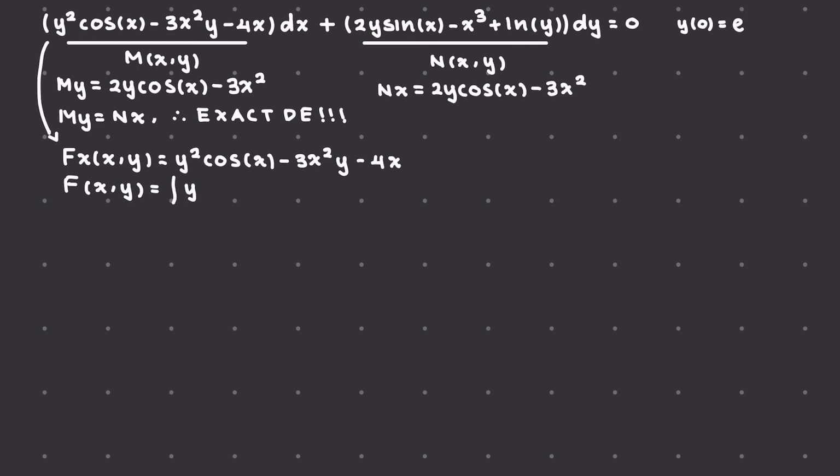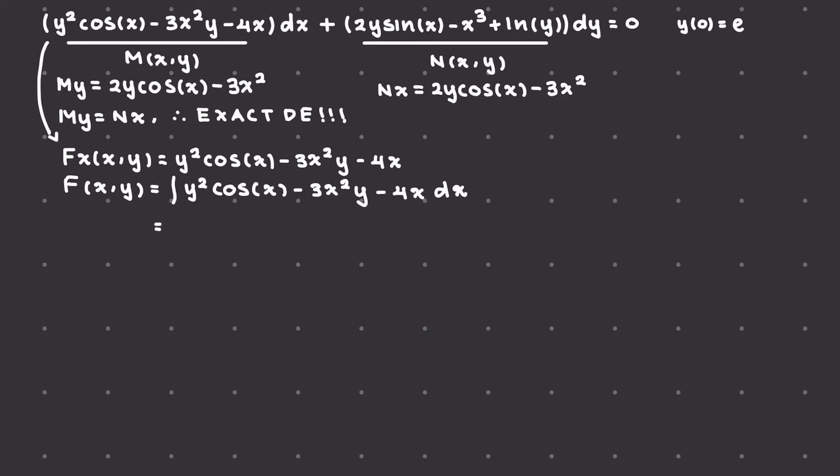The integration of y squared cosine of x minus 3x squared times y minus 4x dx. And remember, in this integration process, our constants are the y's. So we need to integrate it towards the x's.